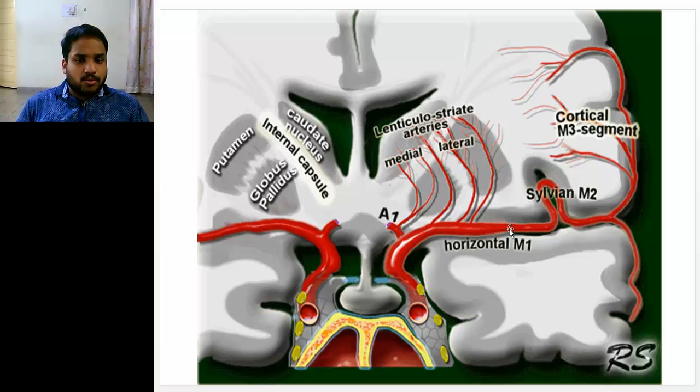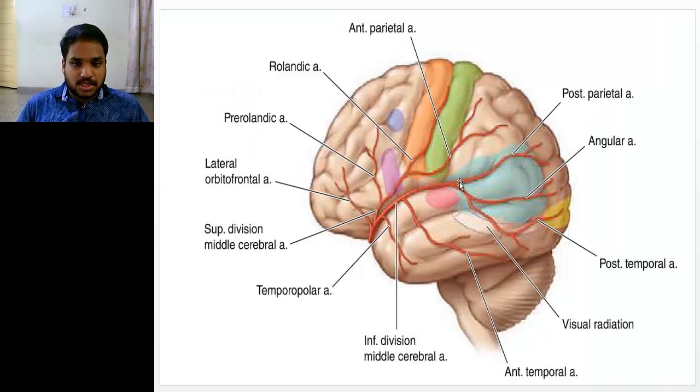Now the middle cerebral artery has deep branches as well as cortical branches, right? In the Sylvian fissure, see this is the Sylvian fissure, the middle cerebral artery breaks down into the cortical branches. It breaks down into two, the superior division as well as the inferior division.